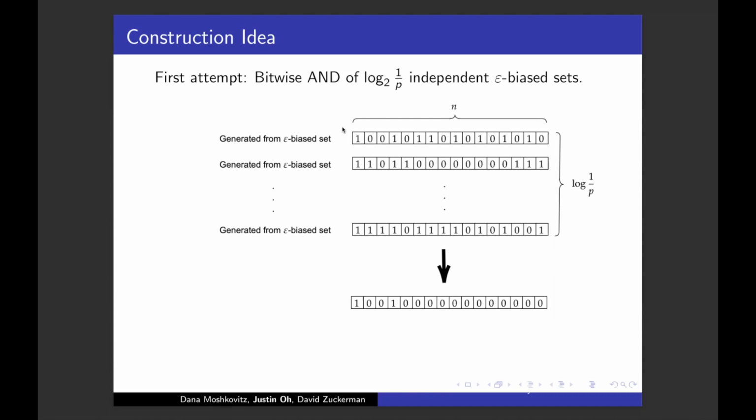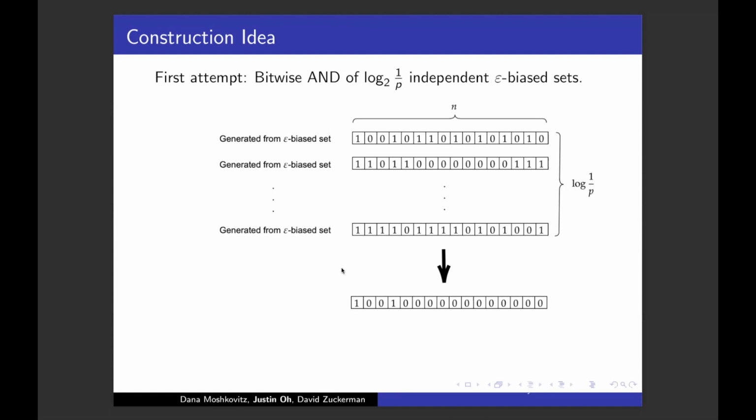So it's not too crazy to think that if you take log 1 over p independent samples from an epsilon bias set, you can get as output, when you take the bitwise AND, something that approximates D_{p,n}.